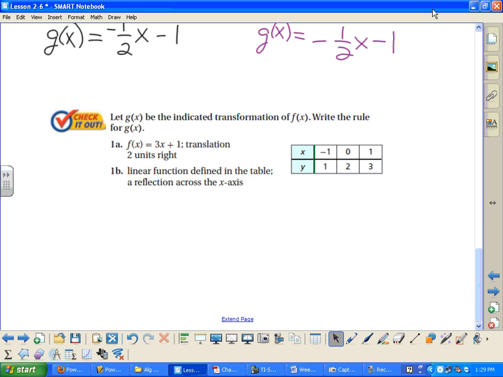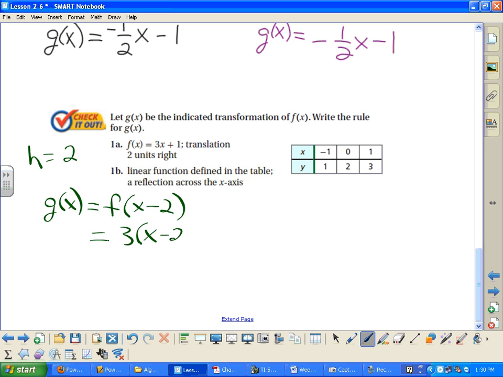So for letter A, it's a translation 2 units to the right. So that means that h is equal to 2. So to get g of x, we're going to do f of x minus 2, which means I'm replacing the x with x minus 2. So this is going to be 3 times x minus 2, I replaced this x here with x minus 2, then plus 1.